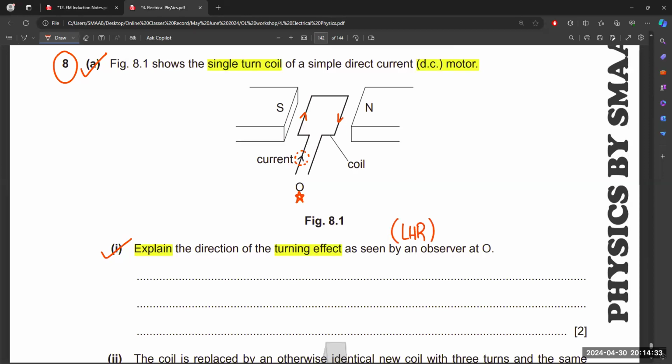So in the first part we have to use left hand rule because this is DC, right? This is not AC. In AC we have to use a right hand rule, but this is DC, so we have to use left hand rule.